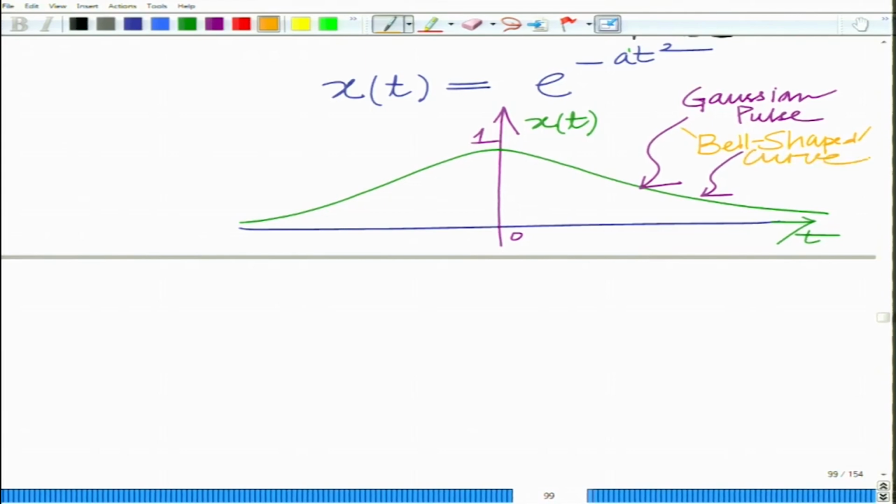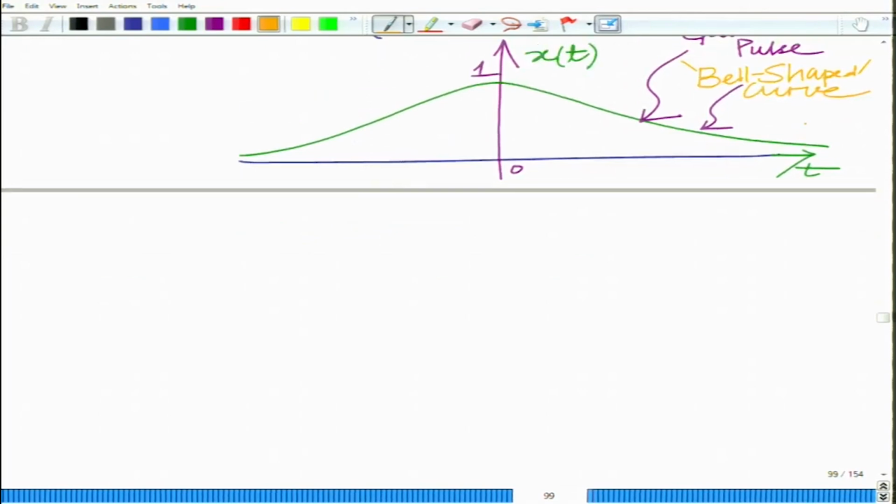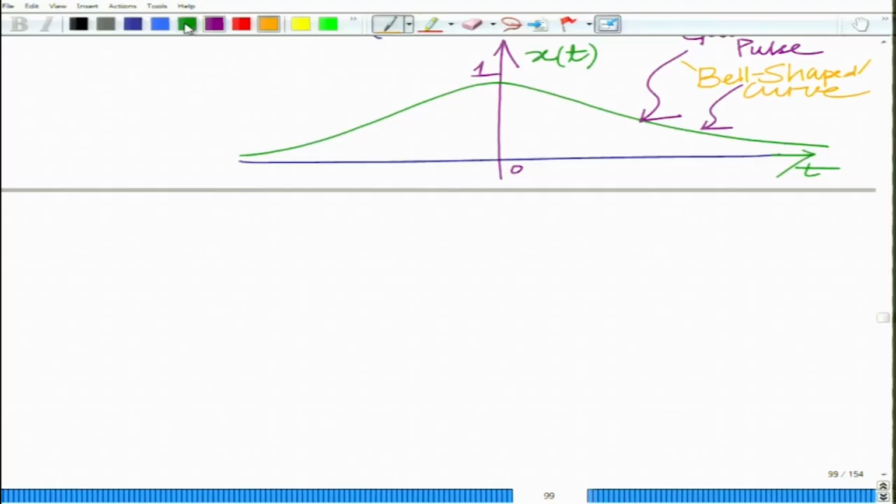And this belongs to a very important class of signals. It is used in both signal processing, also in communication. For instance, in communication, this Gaussian pulse is used in Gaussian shift keying or Gaussian minimum shift keying, all right, which forms the basis of the GSM, a digital cellular standard, all right. So, this pulse shape is used in the GSM standard. Okay. So, this is termed as the Gaussian minimum shift keying scheme, GMSK. Okay.